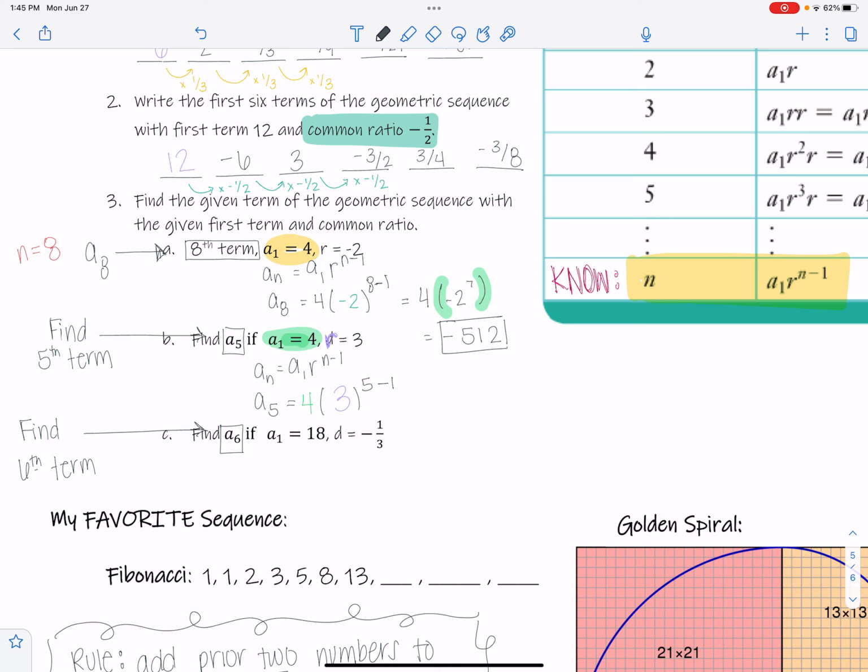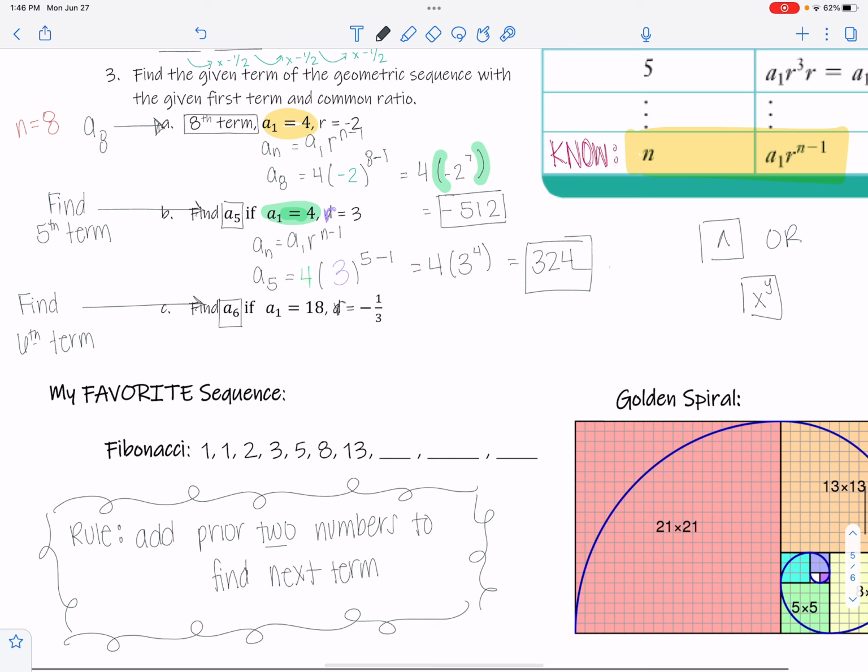Again, I have to simplify that whole exponent first. So I'll have 4 times 3 to the 4th power, because 5 minus 1 is 4. I'll do 3 to the 4th, and then times 4, which gives me an answer of 324. Or you can type that into your calculator just like it appears. Make sure that you're using the exponent button, or your calculator may have an x to the y button. That's what you'll use for these exponent powers.